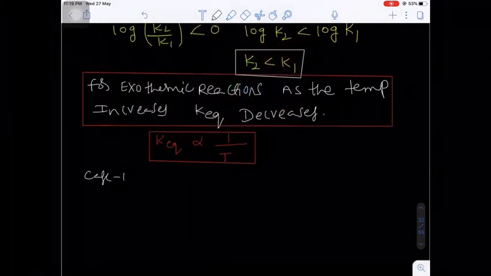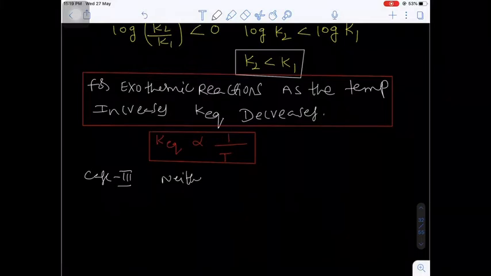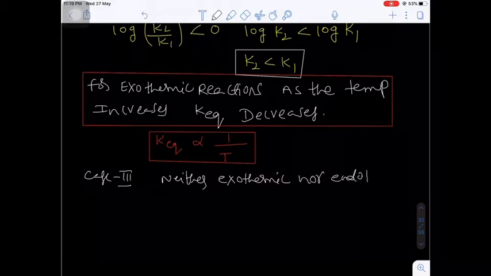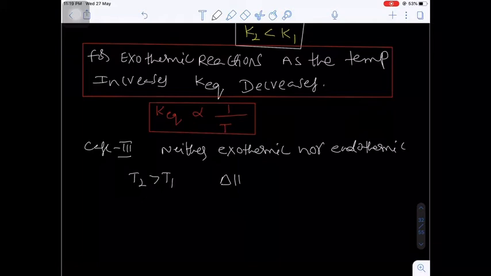Now one more case is there. Let's suppose neither exothermic nor endothermic. That means here still you are raising the temperature.